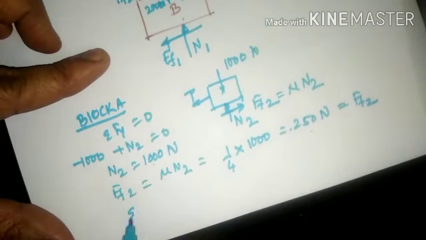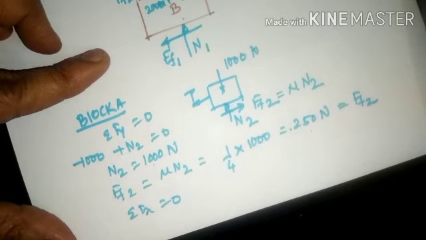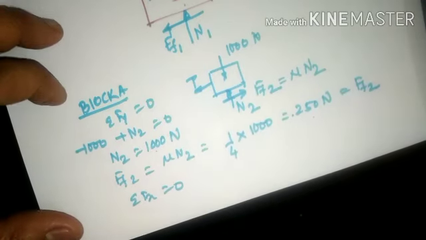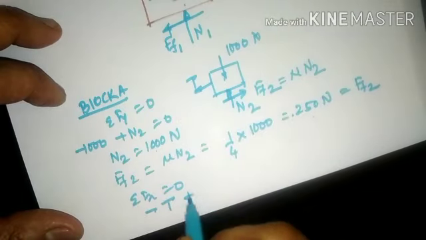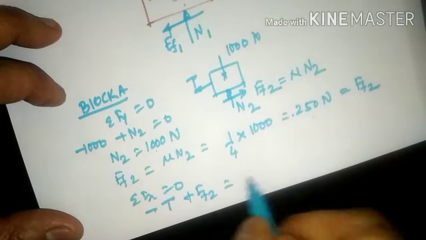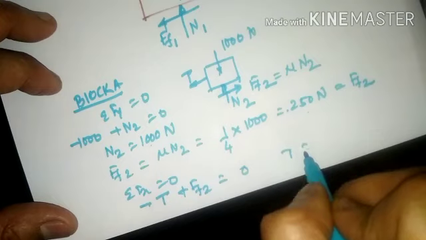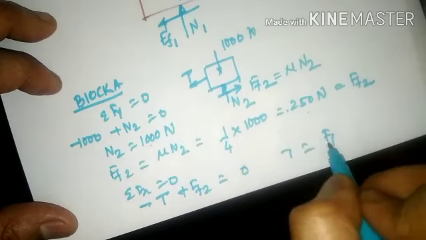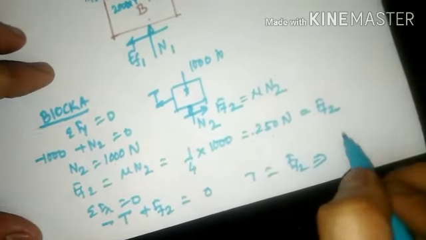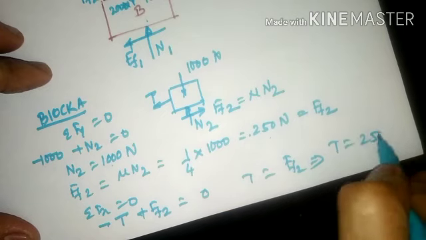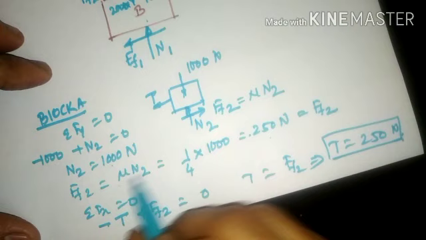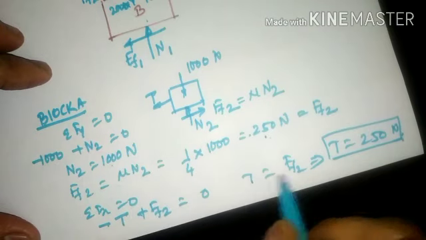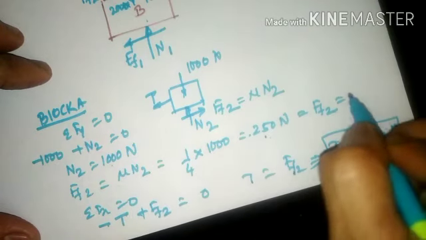Similarly, take summation Fx is equal to 0. Minus T, because it is left-hand side, plus F of F2 is equal to 0. So T is equal to F of F2, which is 250 Newton.